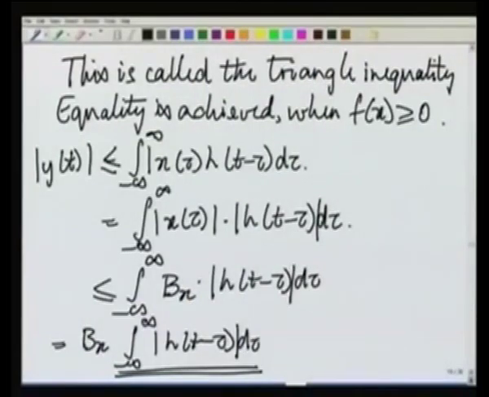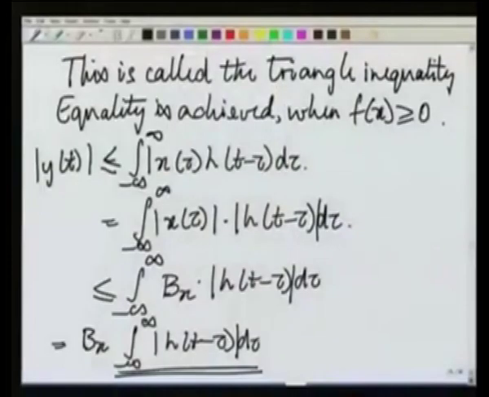And now, let us understand the significance of this integral. This integral is nothing but a time shifted version of h(t). If you have h(t) and it has an area under it, then h(t minus tau) will also have the same area.